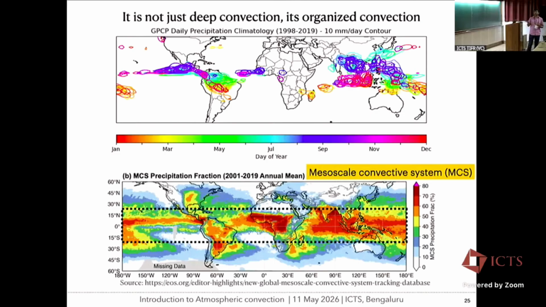But the main point I wanted to make is about the ITCZ that we had seen in the earlier slide. These contours indicate that this ITCZ rainfall is not just a weak type of rainfall. It happens because of strong rainfall.